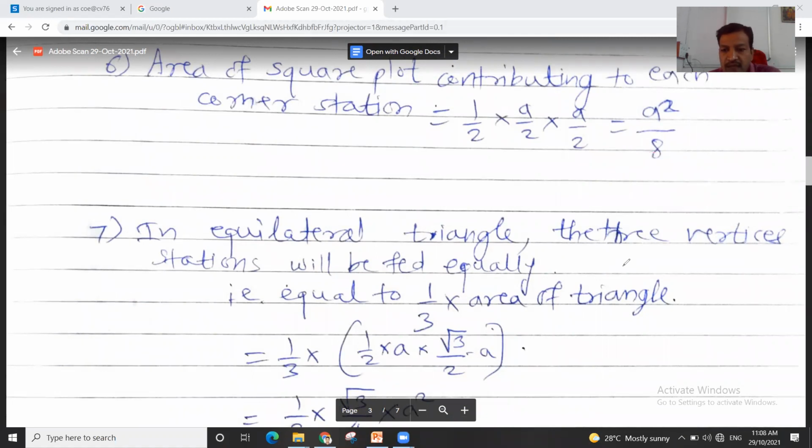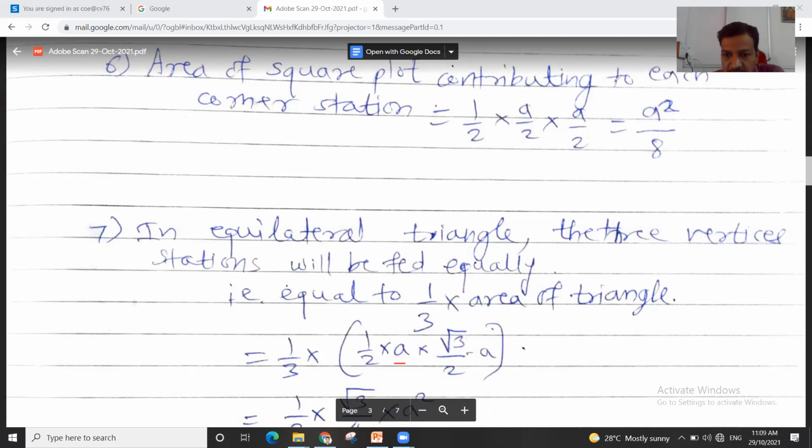Then the equilateral triangle has 3 vertices. In an equilateral triangle the 3 vertex stations will share equally, that is equal to 1/3 of the area of the triangle. How did the 1/3 of the area of the triangle come? First the area of the triangle is 1/2 base, where the base is a and the height is √3/2 into a.